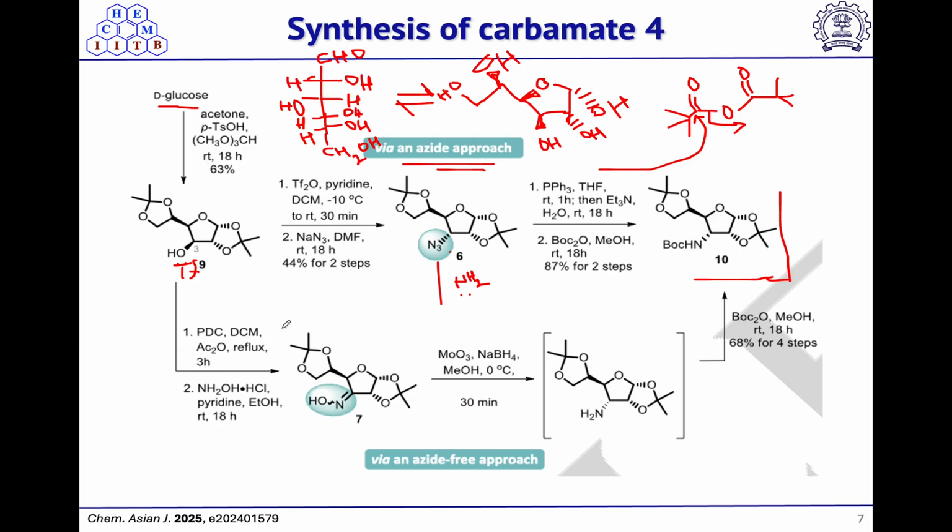Pyridinium dichromate. So oxidation will happen. Oxidation of what? If you see the starting material 9, it has a free hydroxy group at the C3 carbon. So oxidation of that carbon will happen. This secondary alcohol to carbonyl, you will get this carbonyl oxygen.